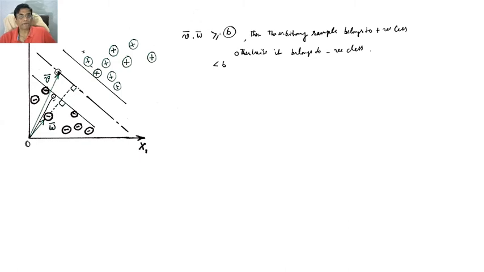We have introduced a constant called B to decide which class it belongs to. Isn't it a great idea? Very simple, right? In the next class, we'll go deeper in modeling this classification problem as a constrained quadratic optimization problem.